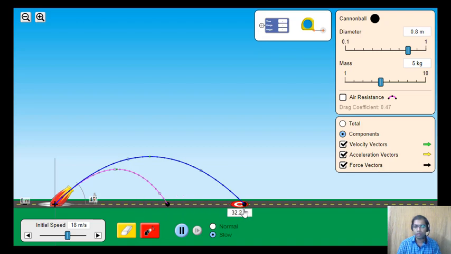So instead of 15 meters, now this range would be 33 meters. So in presence of a resistive force, that is air resistance or drag, we get 19.6. In the derivation, we don't take drag into consideration because compared to the size of the object that we are looking at, the drag is going to be very, very small.